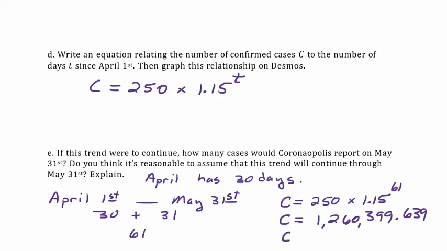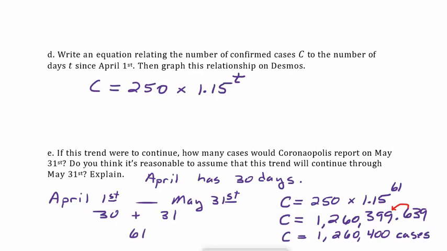Okay, so let's round that to the nearest case. So this 6 is going to round that 9 up to a 0, which will round that 9 up to a 0, which will basically round this 399 up to 400, right? So 1,260,400 cases.